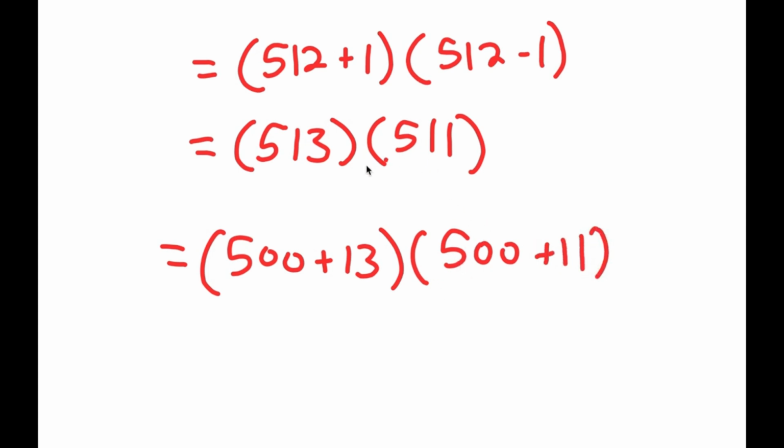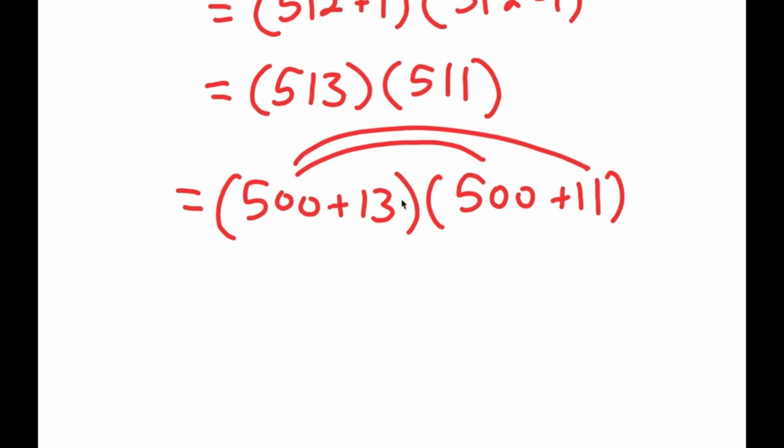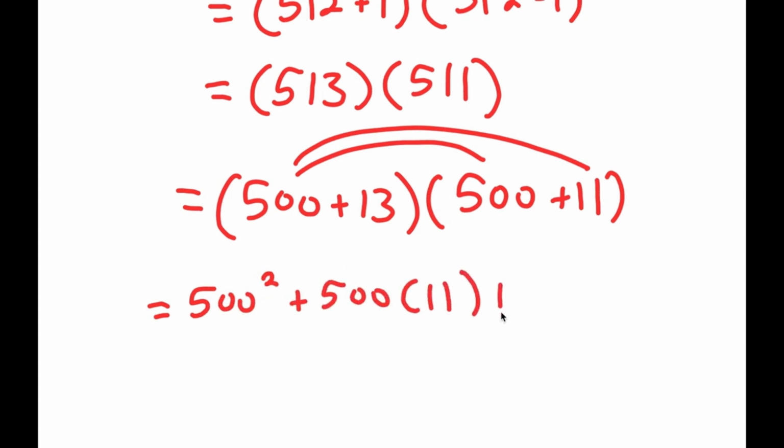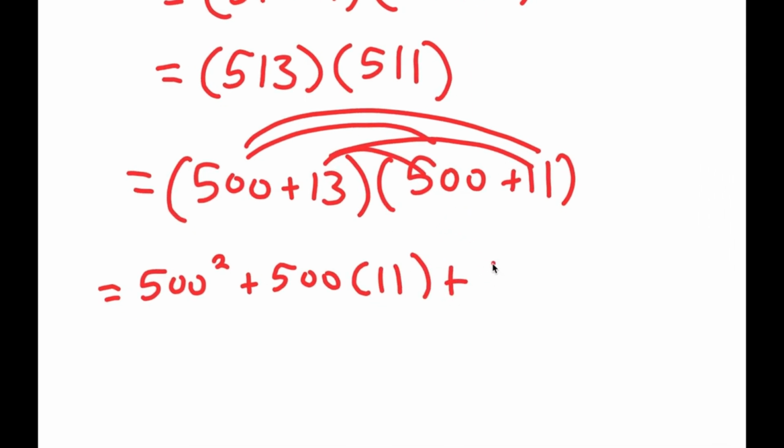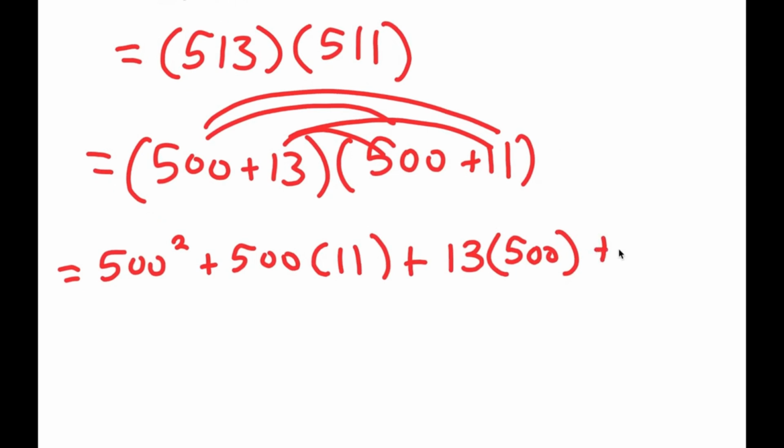So this way, I can distribute the 500. So I get 500 times 500, which is 500 squared, plus 500 times 11, plus, now I can distribute the 13, times 500 plus 13 times 11.